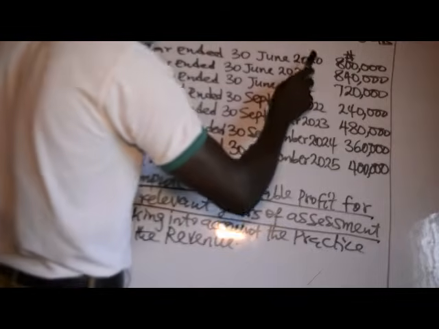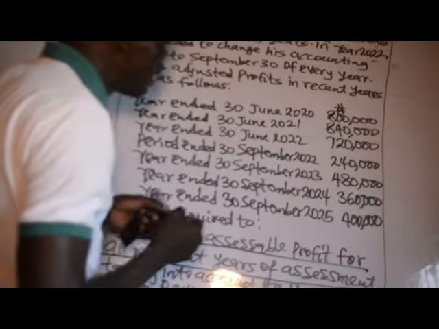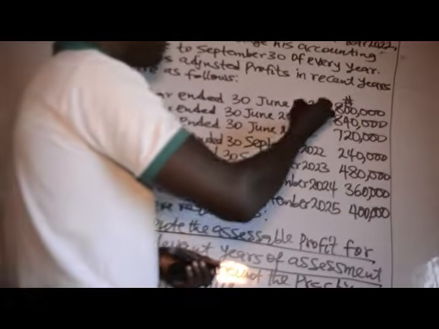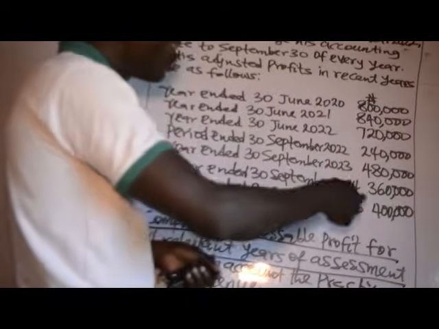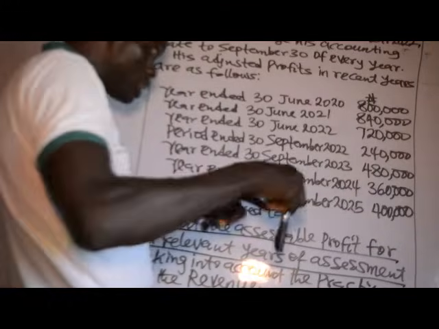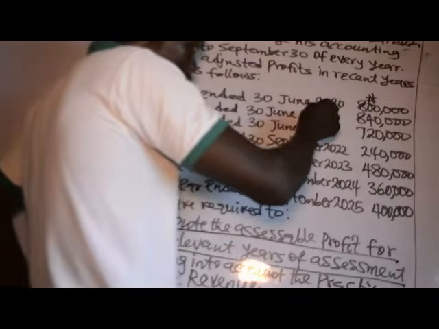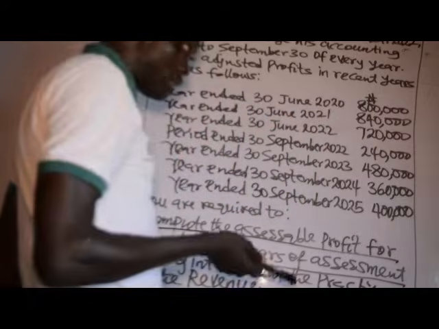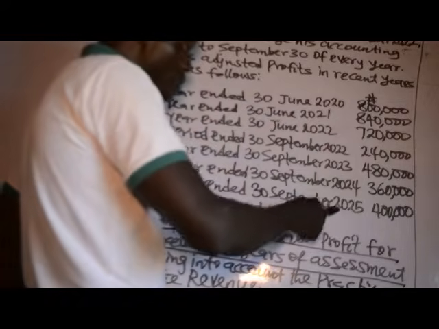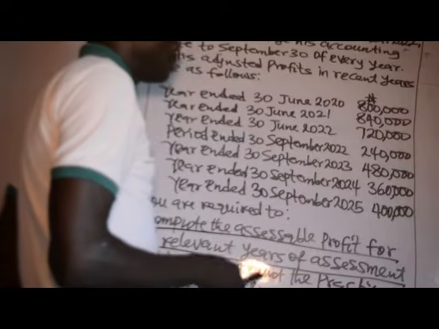The profit for 2020 will be assessable in 2021, so the years of assessment should be from 2021 to 2026. Remember the principle in use. I'm not considering changes in accounting date yet. This profit of 2020 will be assessable in 2021, and the profit for 2025 will be assessable in 2026 on preceding year basis, PYB.